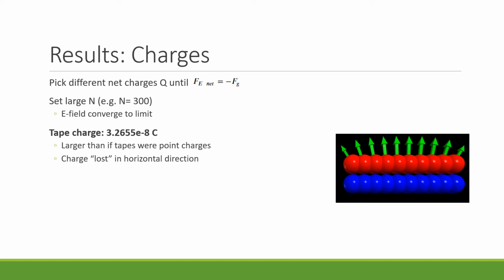And now the horizontal components don't really do anything to counteract the gravitational force on the top tape, so you can say that they're lost, and only the vertical component of this force counteracts the gravitational force. So you need a greater charge to generate a greater vertical component to cancel with the gravitational force.